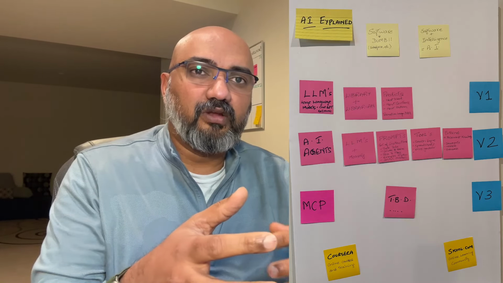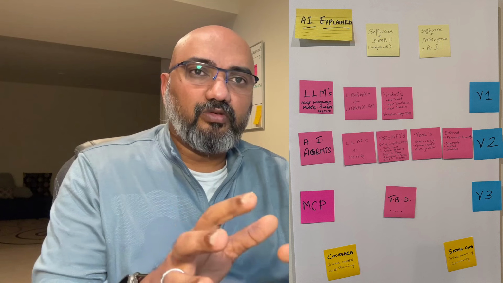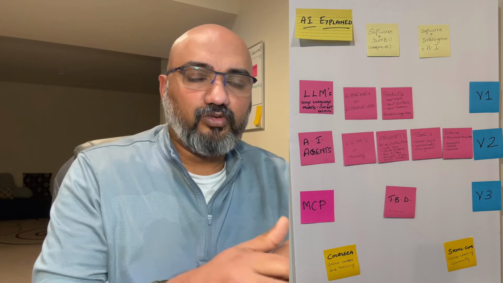So we have these LLMs which are useful in so many ways. They can help you write emails, help you create content, a bunch of things. You use good prompts and you get good output that can be used. But beyond that, to actually do some tasks for you, it's not something that it can do on its own. So that's where AI agents come in, right?